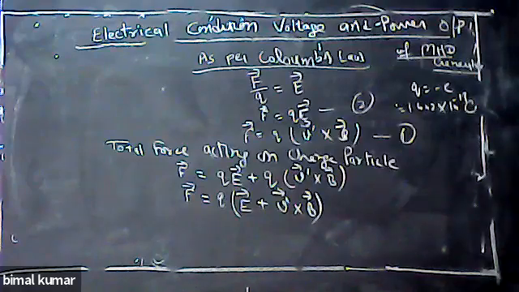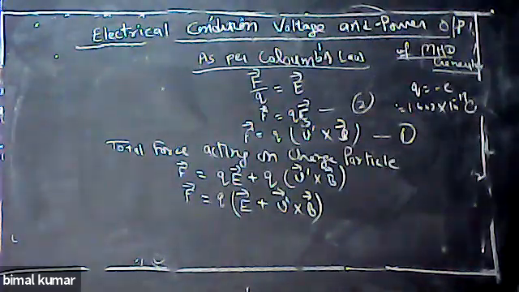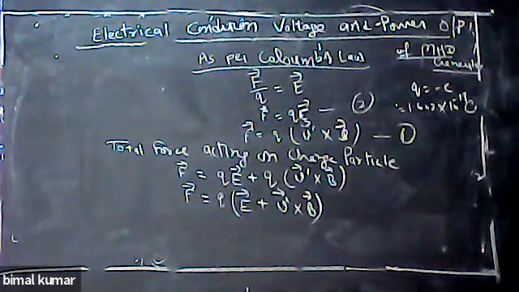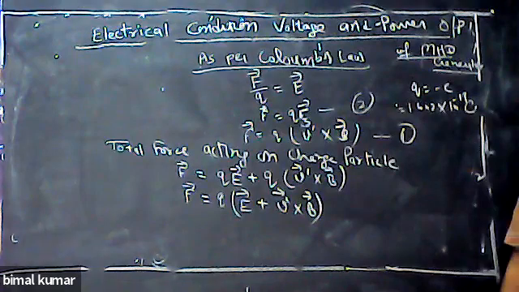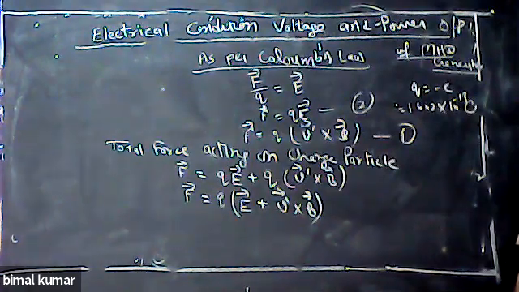Q is generally considered to be an electron, and its value will be considered as 1 point, that is the charge on the electron, 1.602 into 10 raised to power minus 19 coulomb.